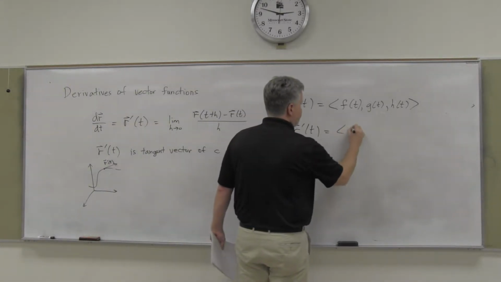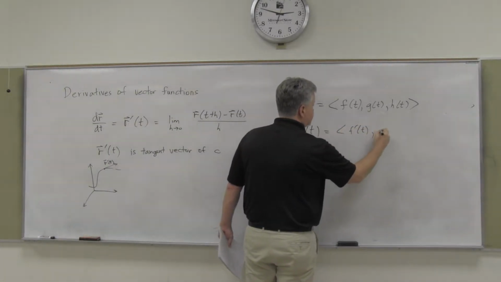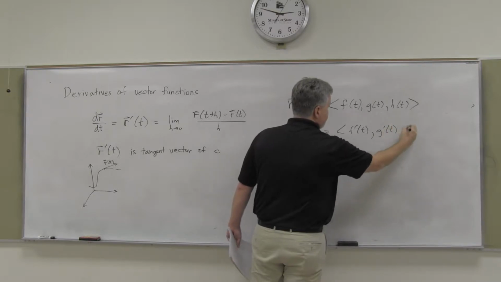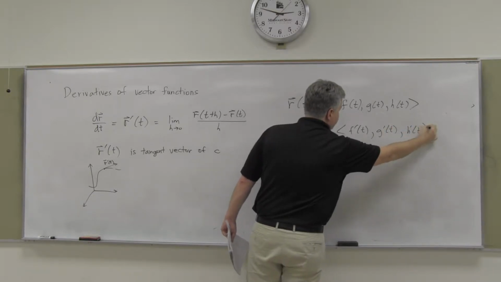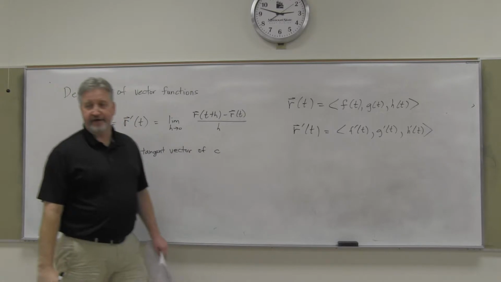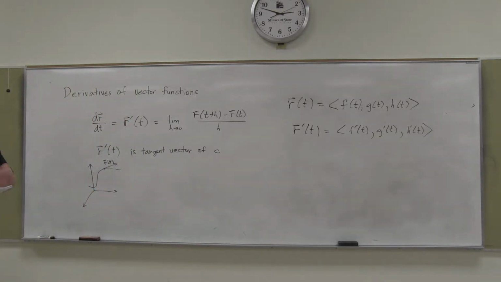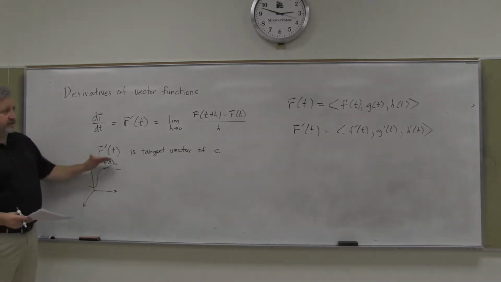So r prime is going to be f prime of t, g prime of t, h prime of t. Pretty sweet, huh? That's going to give you that vector.